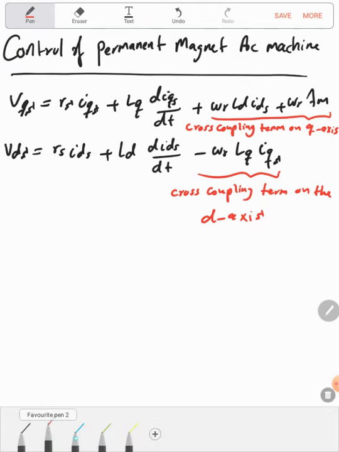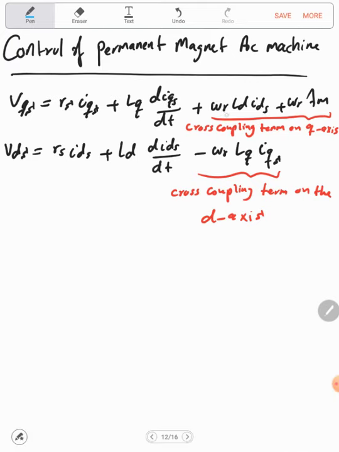Now, please note that those terms will complicate the mathematical model, and hence they will complicate the control design. Why? Because here we have omega r multiplied by IDS, so this means that the cross coupling terms are nonlinear terms.